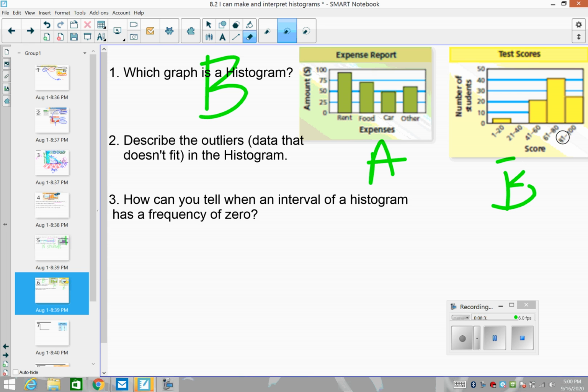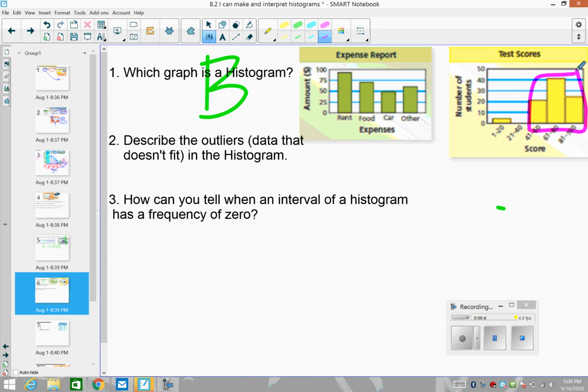Describe the outliers in the data of the histogram. So the outliers mean what are the data amounts that really don't fit in. So all of these are pretty common and are pretty much following the same trend. You see a giant gap that occurred here. We're talking test scores. No kids scored a test score there, and very few kids scored a test score here.